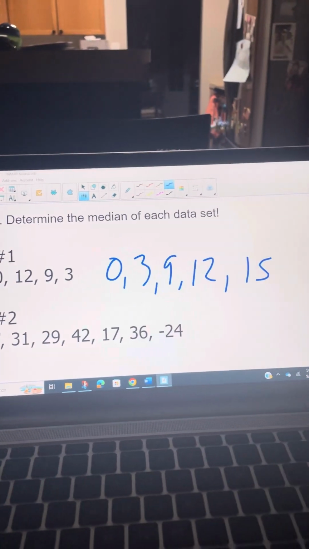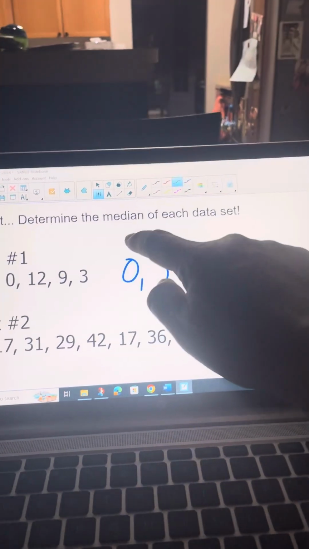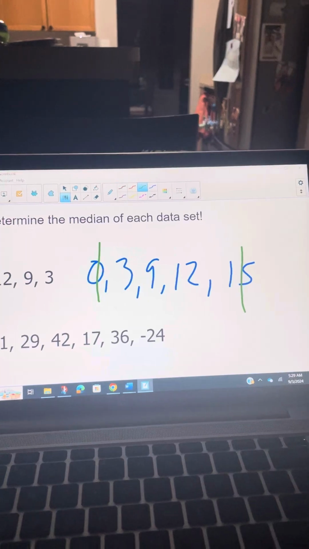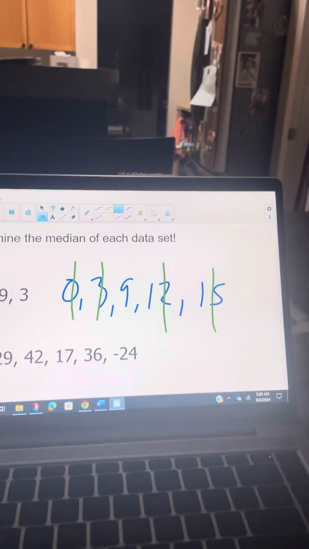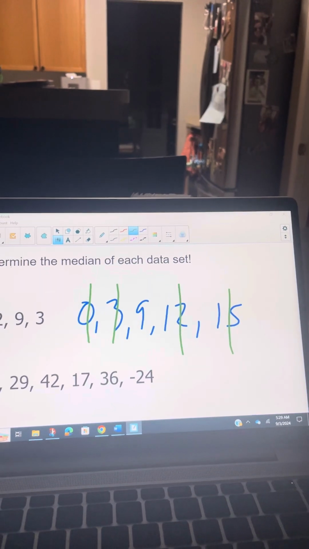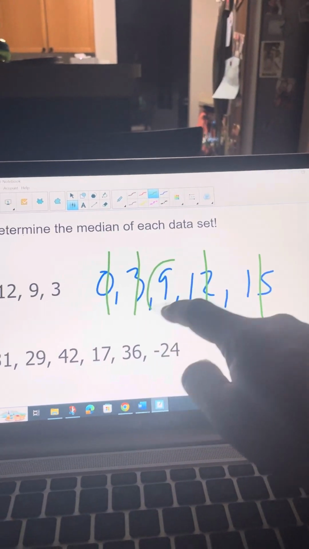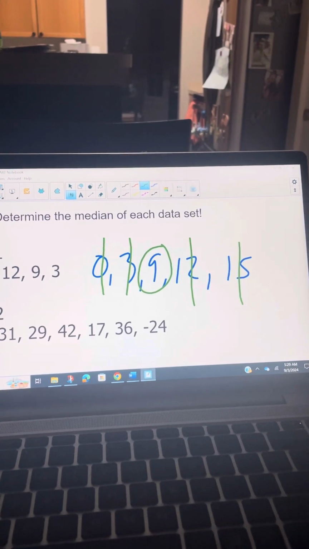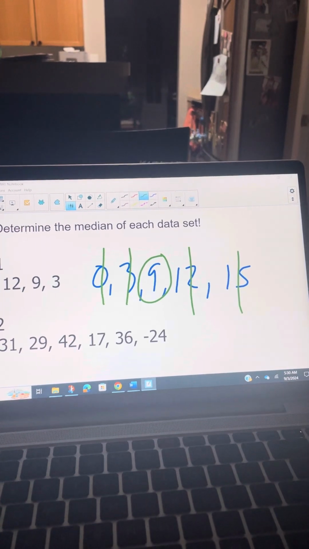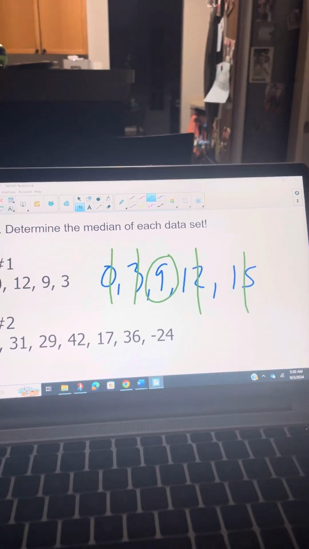When I find the middle number here, get rid of smallest and largest, smallest and largest. And you'll notice I have 2 from each side. I have a number left in the middle. Right here, it's 9. I don't have to do anything extra here. 9 is the middle number, the median.